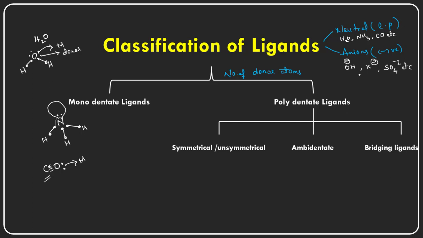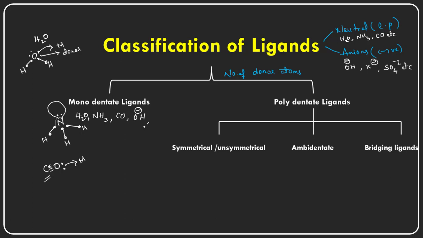All these examples come under the monodentate ligands. Examples are water molecules, ammonia, whatever I have given here. So CO molecule, OH minus. In the OH minus, oxygen is carrying the negative charge, but not the hydrogen, right?